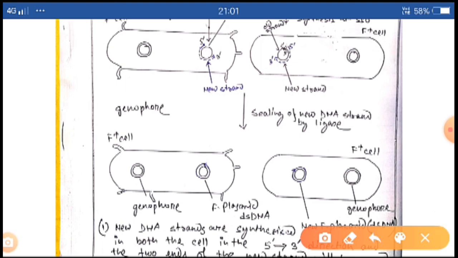So we have seen that the F plus again regains its original condition, that is it will again have double stranded F plasmid DNA, and the F minus cell on the right hand side, previously it was written as F minus, now here it is F plus.